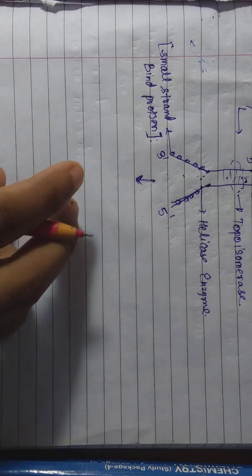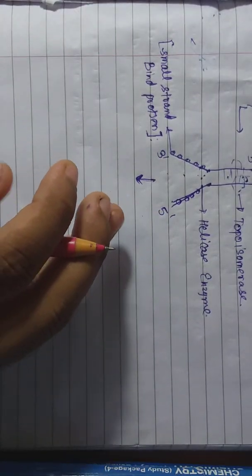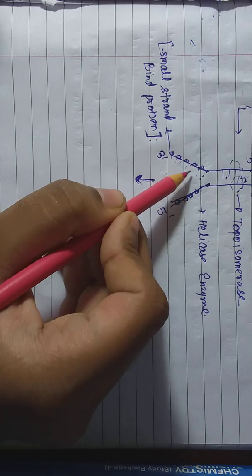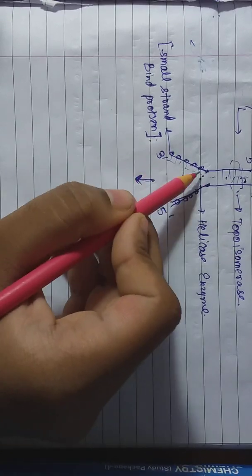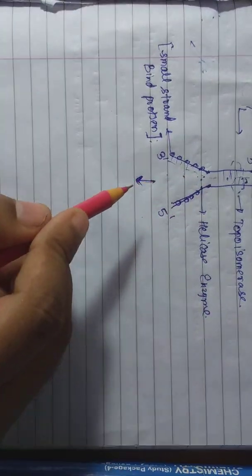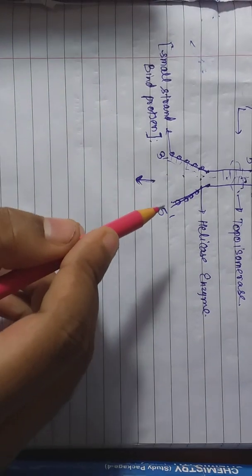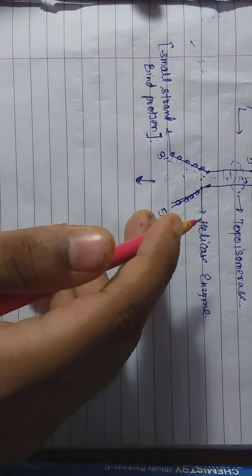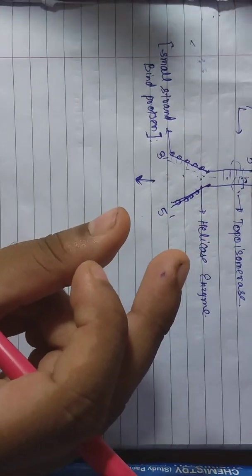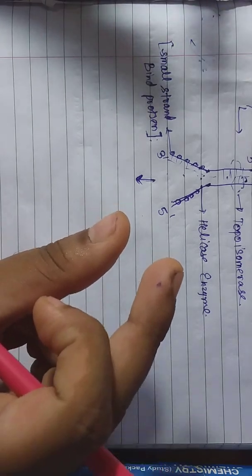So here we need polymerization. We need a complementary daughter strand to be created here. For this, the DNA polymerase cannot directly initiate this, for it needs a short RNA group.